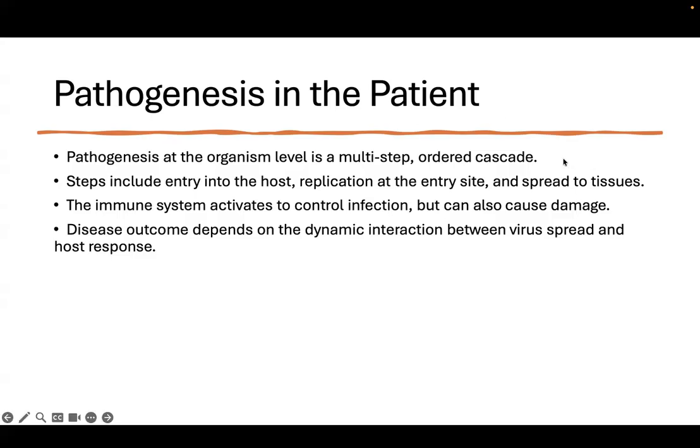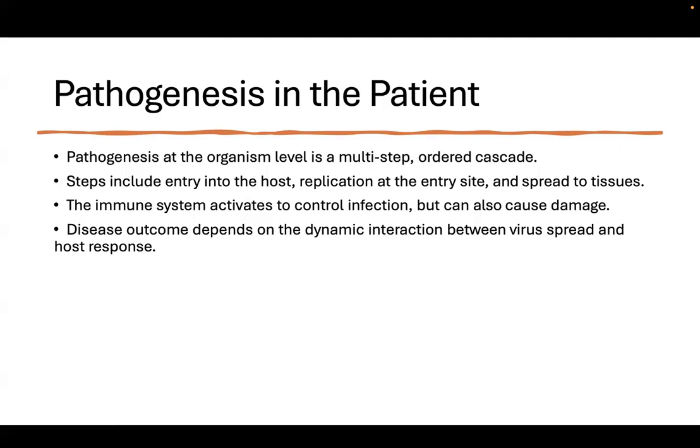And then it starts to replicate, and then here comes the spread to other tissues. Will it spread to other tissues? Will it just stay within one place, or will it be completely resolved? That's where things can differ between viruses. And of course, as I said, the host matters. This whole determination of how pathogenesis occurs and how severe it is can depend on how viral receptors interact with host receptors.